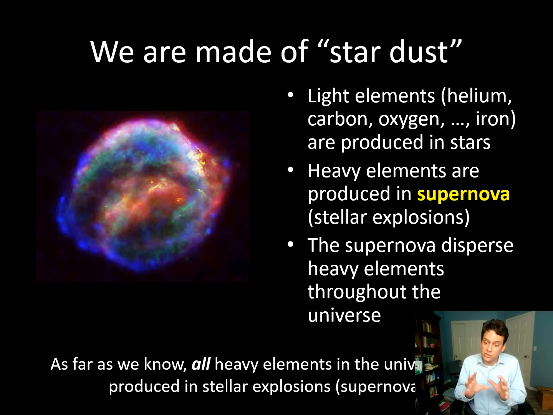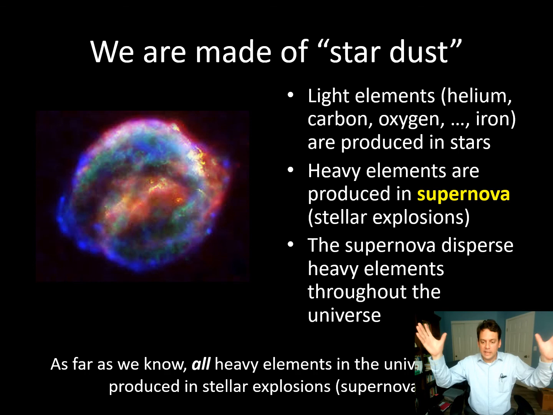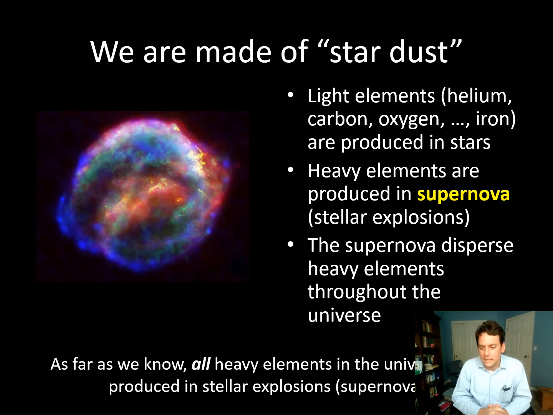And then these supernovae, which are some of the most energetic things in the universe, explode and fling all of these heavier elements that have been formed off into space. And it takes a while, but the universe has been around for a while for that material to move out into space and spread out throughout the universe.